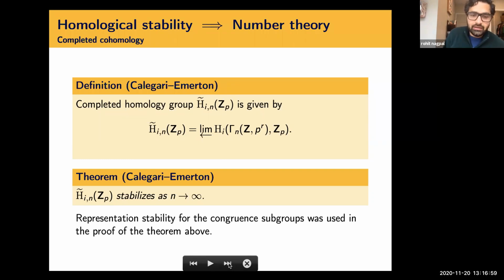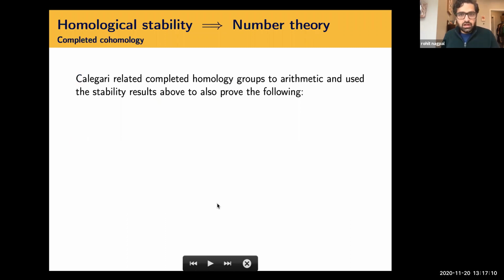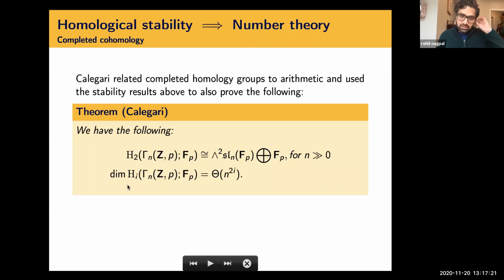Calegari and Emerton also related these completed cohomology groups to arithmetic and some well-known conjectures in number theory. Another thing that I want to mention is that using completed cohomology, Frank Calegari found a way to prove the following result, which calculates the second homology of the congruence subgroup, and says something about the dimensions of the ith homology groups.